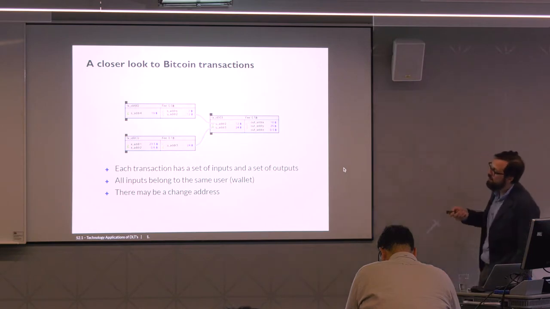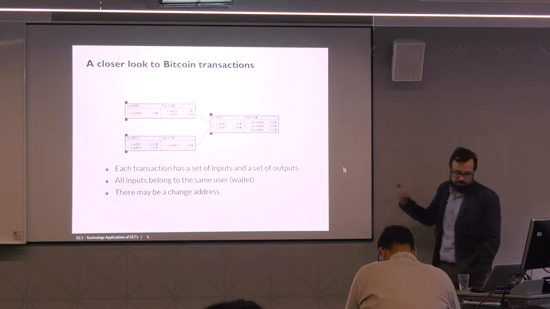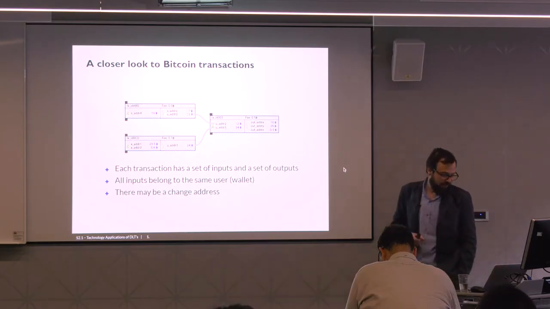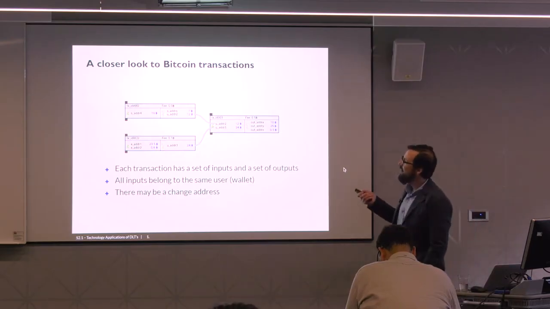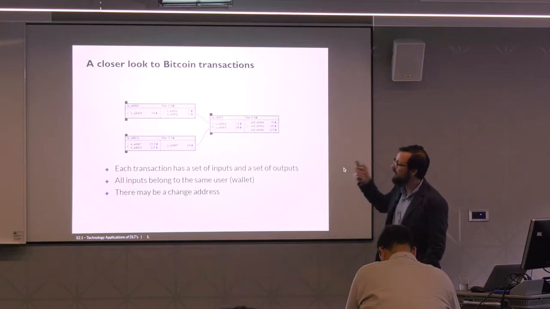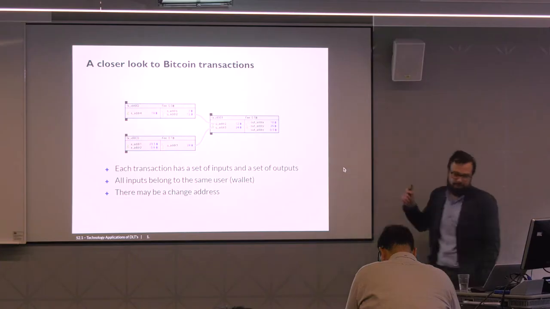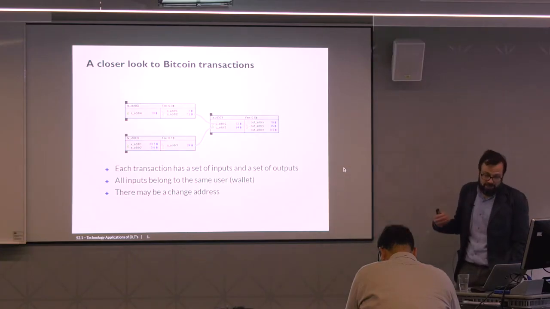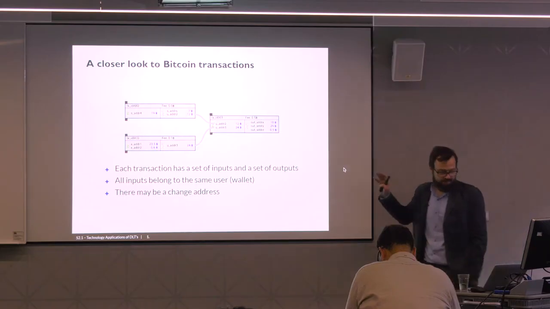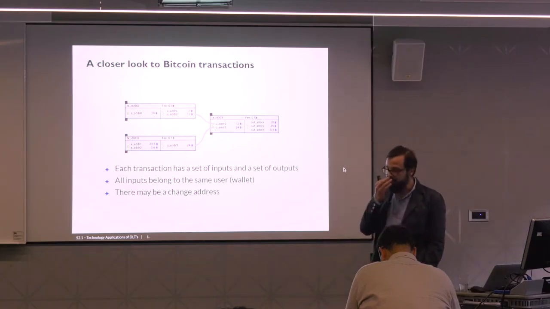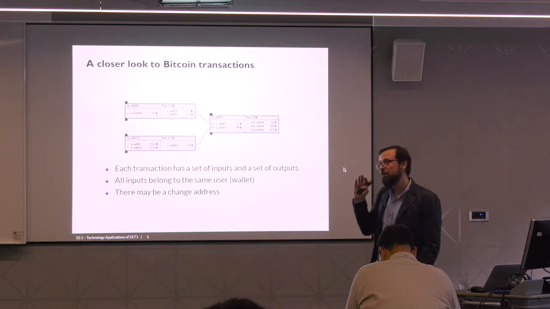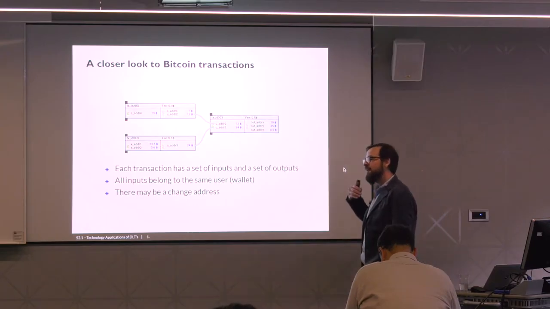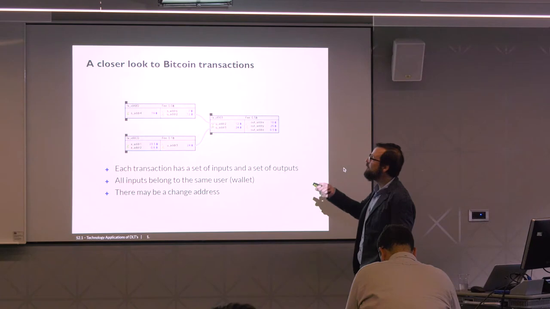So inside of the set of transactions that you observe in a blockchain like the one in Bitcoin, inside of a transaction there are multiple addresses in the input and some in the output that belong to the same user. That is the one that created the transaction. Which means that when you start to analyze the transactions inside of the Bitcoin blockchain, you get to know a lot of information about, remember, this is created because of anonymity.